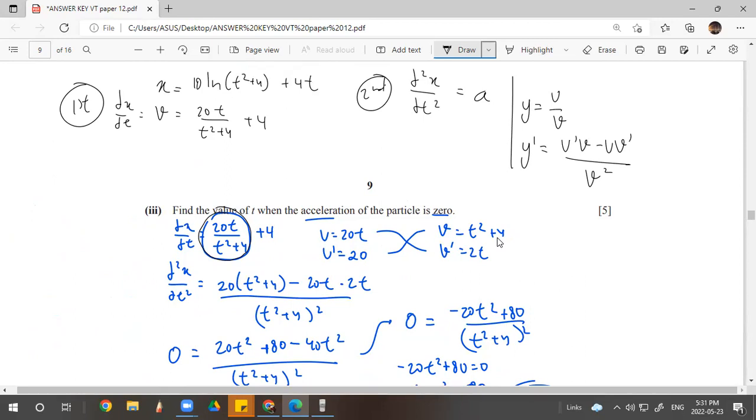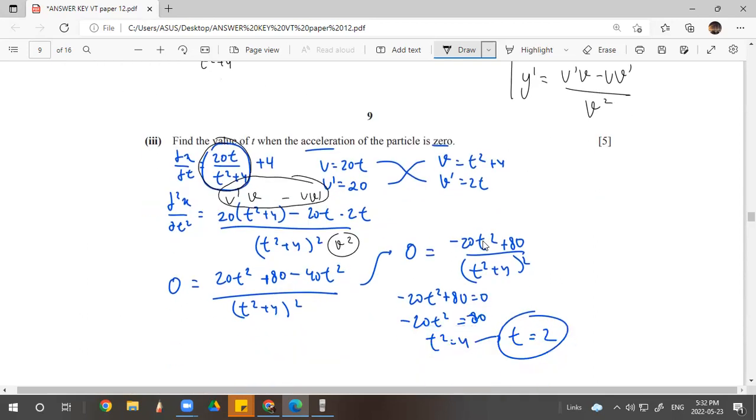You just derive the u, and then v equals t squared plus 4. So the v accent, or the derivative of v, is 2t, that's all. And you put the formula, u accent v minus u v accent, over v squared, right? So just pick the formula right there. And then it is also 0. So the d squared x over dt squared equals 0.